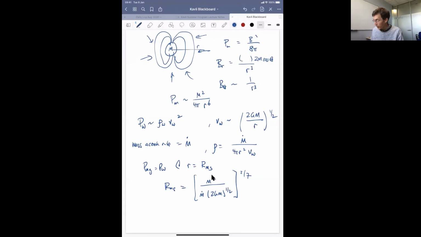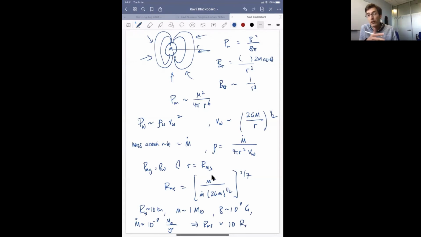So if, for example, we were looking at a neutron star with R of 10 kilometers, M of a solar mass, and B of 10^9 Gauss, accreting at about 1/10 of the Eddington rate, so M dot is about 10^-9 solar masses per year, that would tell you that the magnetospheric radius is about 10 R star. Which isn't too bad, actually.